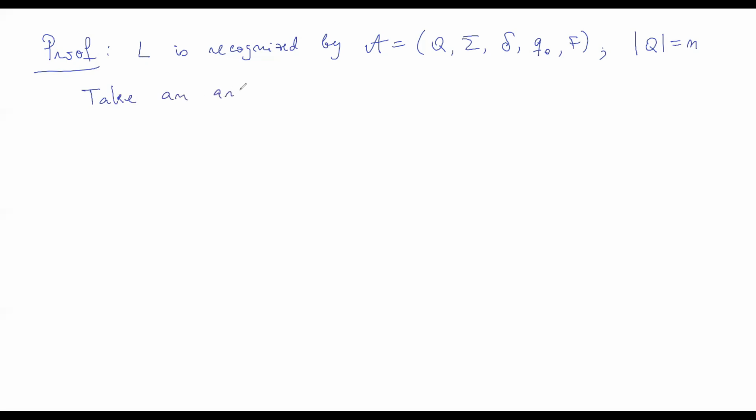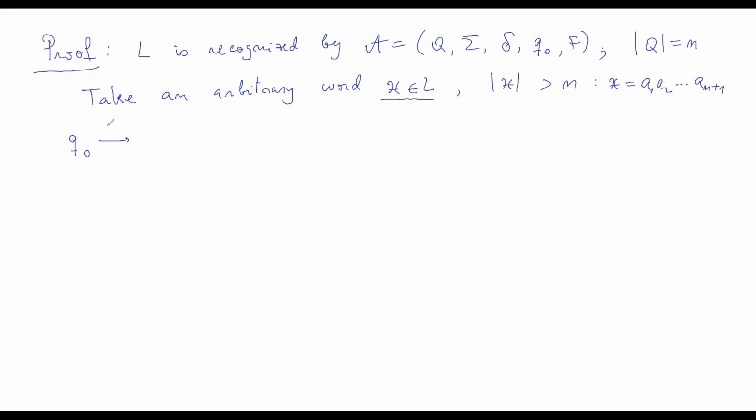So L is recognizable, so that means that it's recognized by some automaton of the form Q, sigma, delta, Q0, and F. And let's just denote the size of Q, so the number of states you have, with N. And let's take an arbitrary word X from L with length greater than N. And because it's in the language L, I will have a successful computation on X. And if I just denote the letters of X, so they will be A1, A2, all the way to AN plus 1.